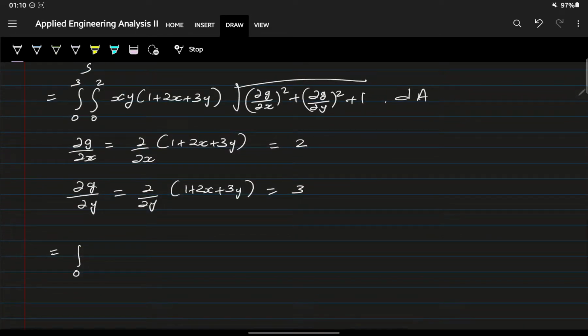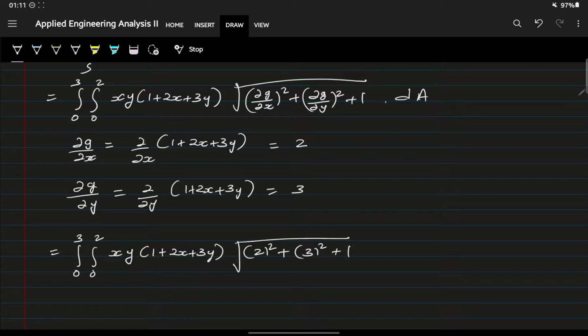So using it above, we have the integral from 0 to 3 and 0 to 2 of the function with z replaced by 1 plus 2x plus 3y, and root of 2 squared plus 3 squared plus 1 times.